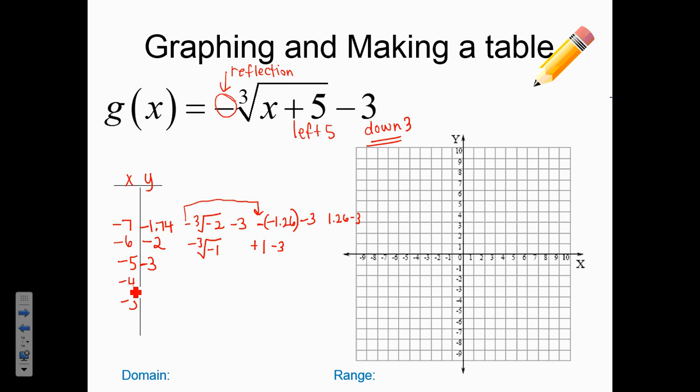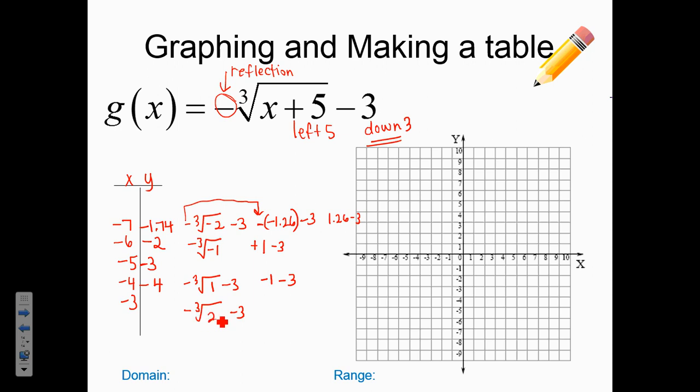All right, then let's plug in the negative 4. Negative 4 plus 5 would be 1. The cube root of 1 would be 1, times the negative would be negative 1, minus 3, which would be negative 4. Plug in the negative 3. Negative cube root of negative 3 plus 5, which would be 2.